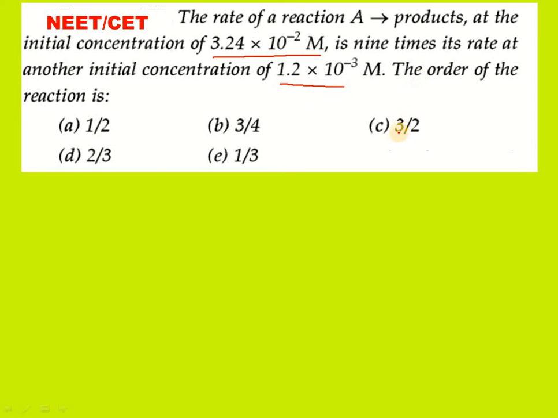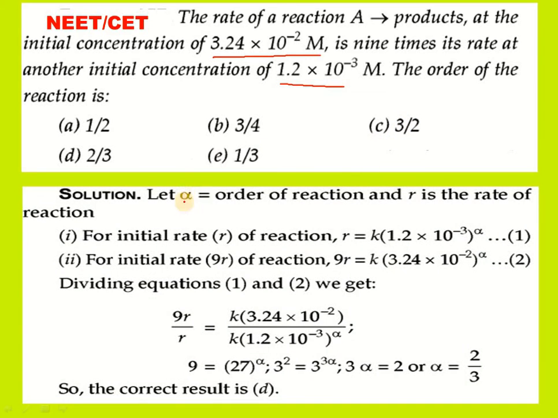So from the 2 initial concentrations, depending on how many times the rate of reaction has changed, you can find the order of reaction. For the first statement the rate of reaction is written as R equals K into 1.2 into 10 power minus 3 whole power alpha. For the second, 9 R is equal to K into 3.24 into 10 power minus 2 whole power alpha.